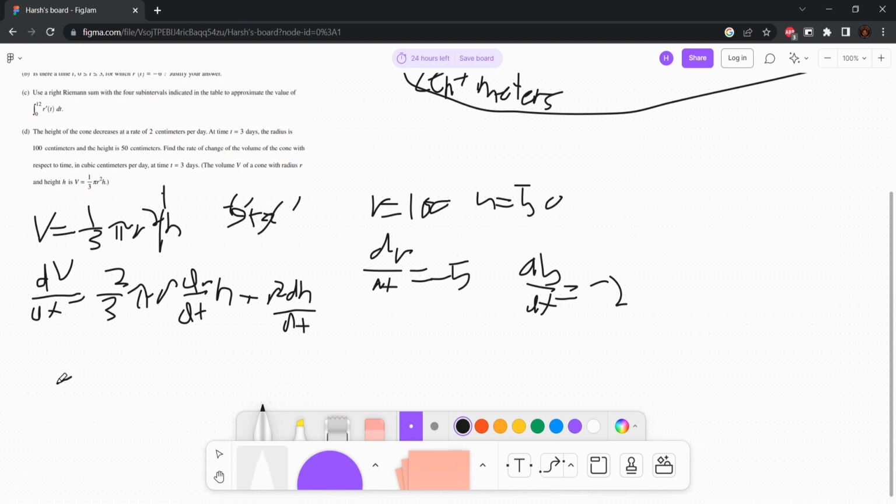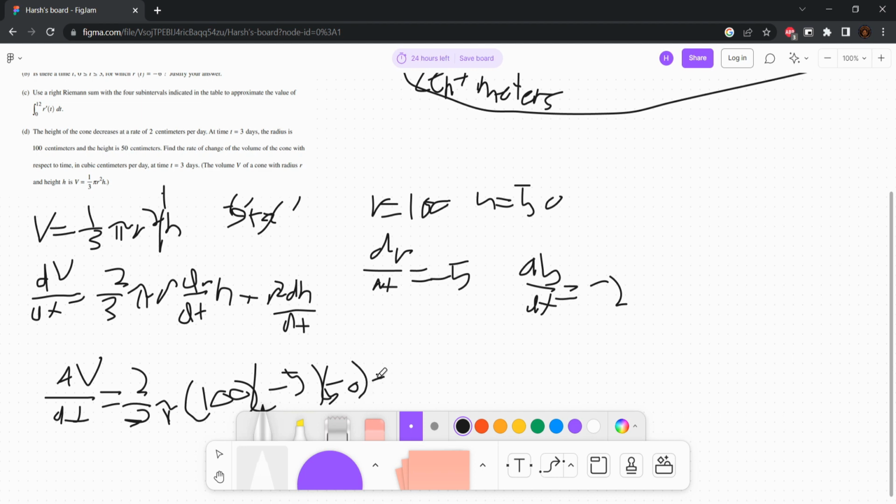Okay, so then you just plug in the values. r is 100, dr over dt is -5, h is 50, plus 100 squared, because r squared, times -2.